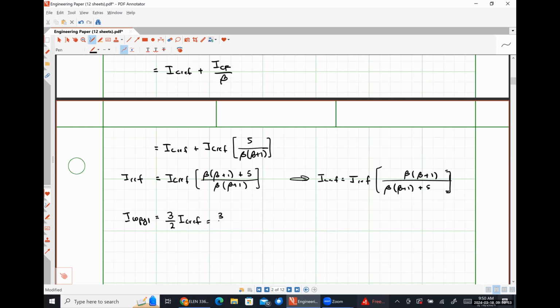And so that would be 3 halves IREF times beta plus 1 over beta times beta plus 1 plus 5, where this bit right here is effectively, once again, our error. Everybody okay with my algebra?